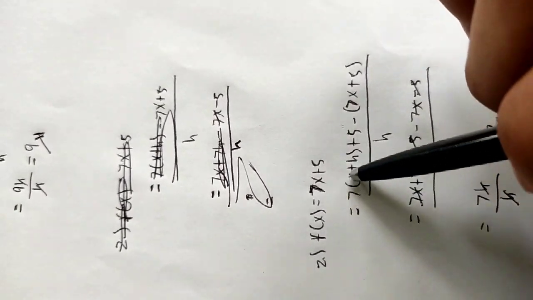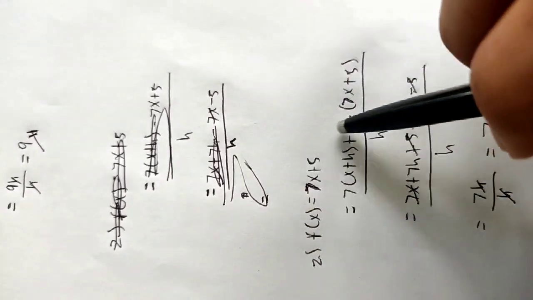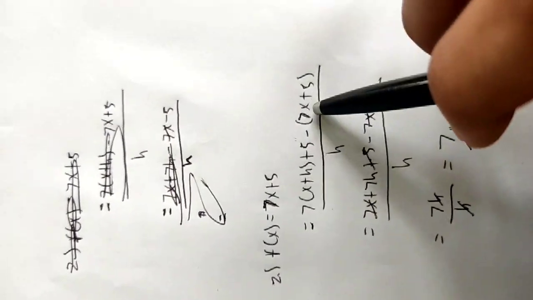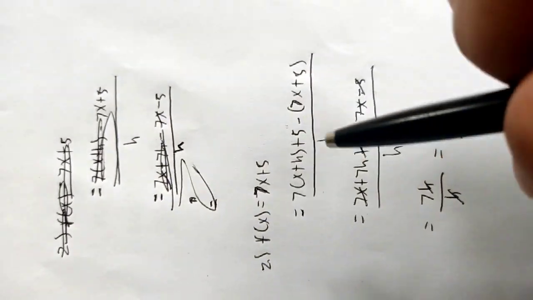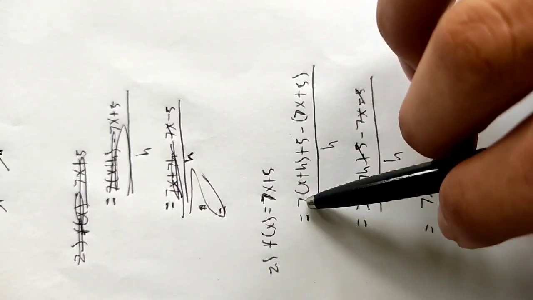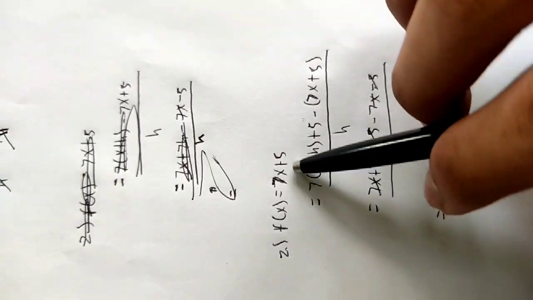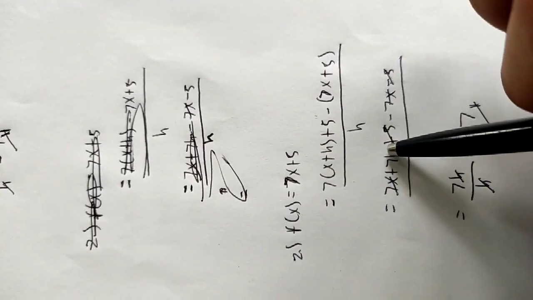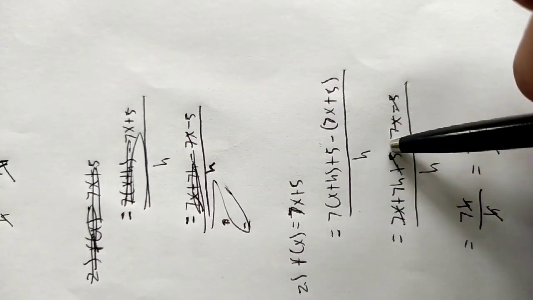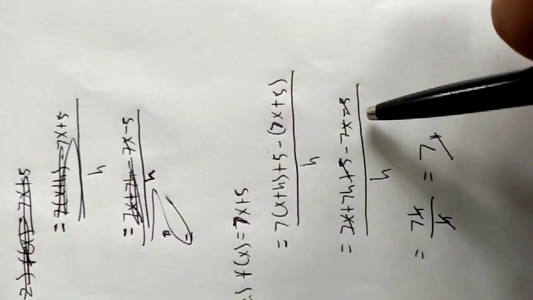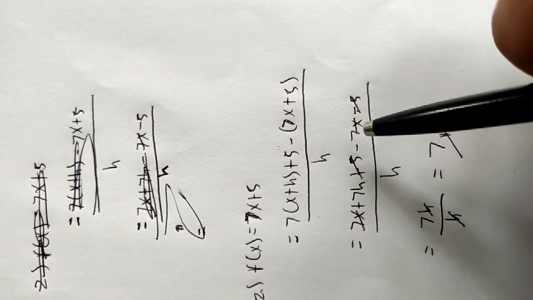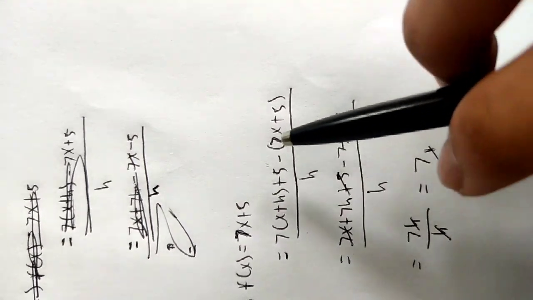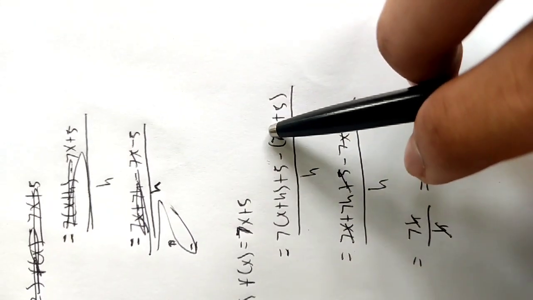So that will be 7 times x plus h, and also the plus 5, minus the function, which is 7x plus 5, all over h. So we're going to distribute 7 on the parentheses. 7 times x would be 7x, plus 7 times h would be 7h, and don't forget the plus 5, minus the function, which is 7x minus 5. As you can see, it became minus 5 because we distributed the negative sign.